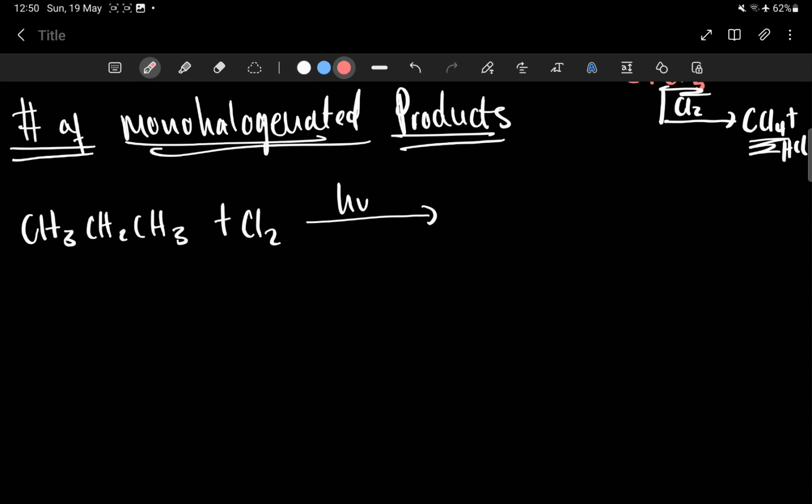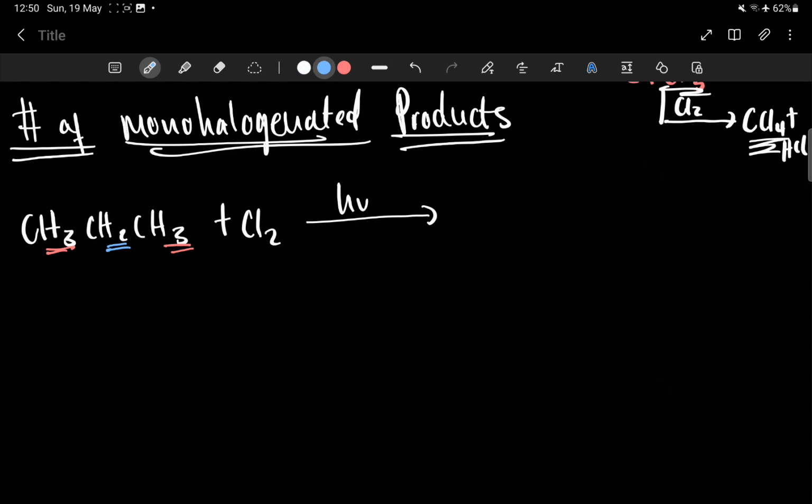We want to know how many types of products we can form if only 1 chlorine is going in. Well, we look at the types of hydrogens we have. We have CH3 hydrogens and CH2 hydrogens. So we have 2 types, and we are going to get 2 products.